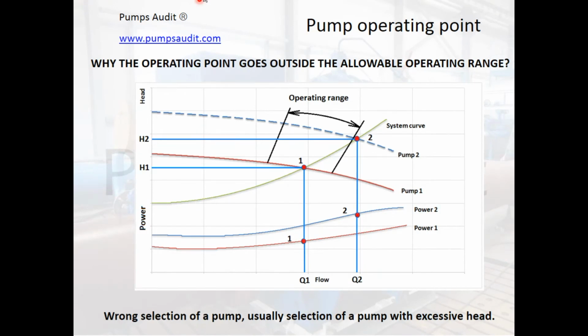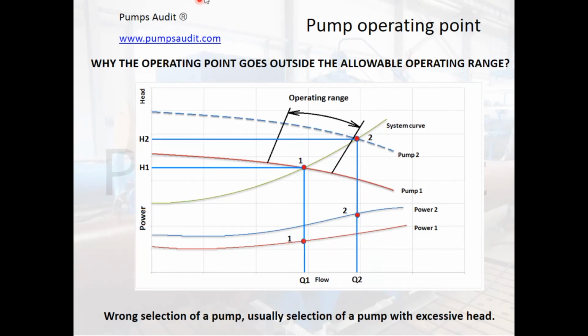Why does the operating point go beyond the allowable operating range? Very often it happens when the pump was wrongly selected, usually selected with excessive head. Users very often select a pump with more head than the system needs. It happens because of different reasons and can lead to serious problems during operation.